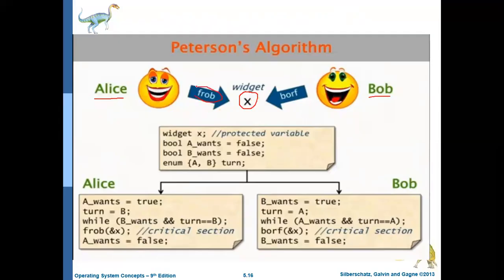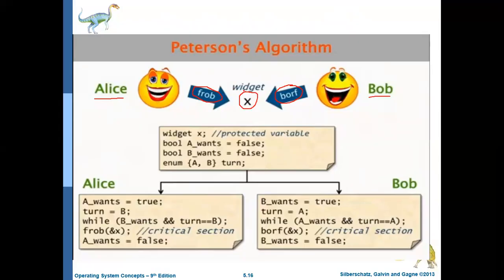Actually, frob does not mean anything, it is just a name. Alice wants to perform some operation on x, and that is called frob. And Bob wants to perform an operation on the same shared variable x, and that is called borf. So Alice wants to frob it and Bob wants to borf it. Now, as this is a shared variable, if these two processes execute concurrently, then x will become inconsistent.